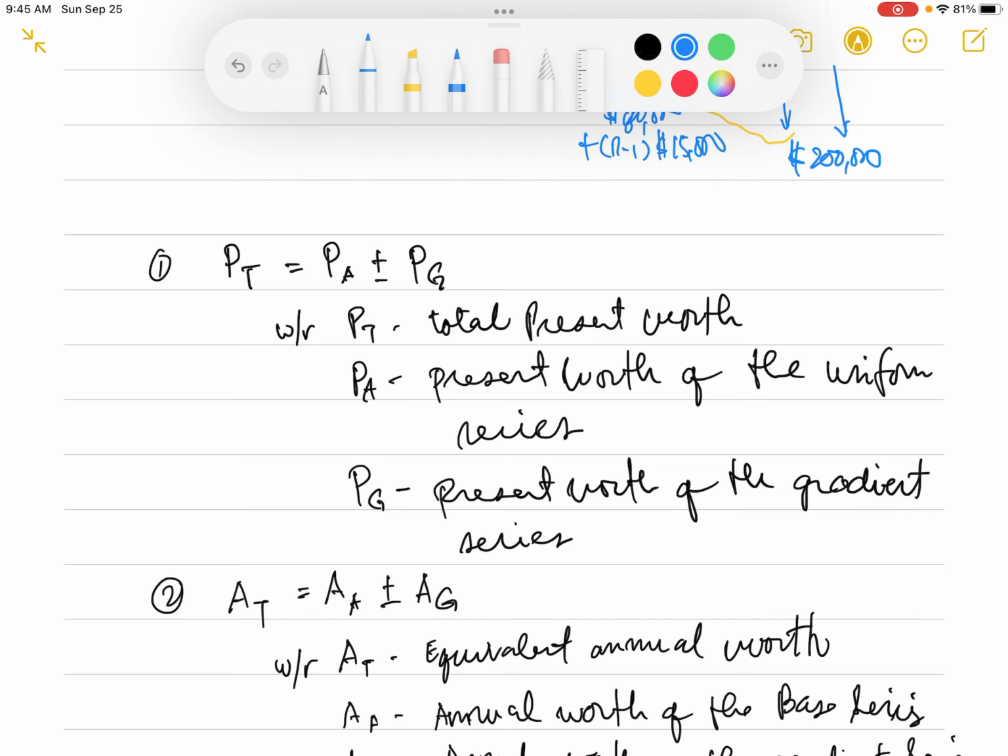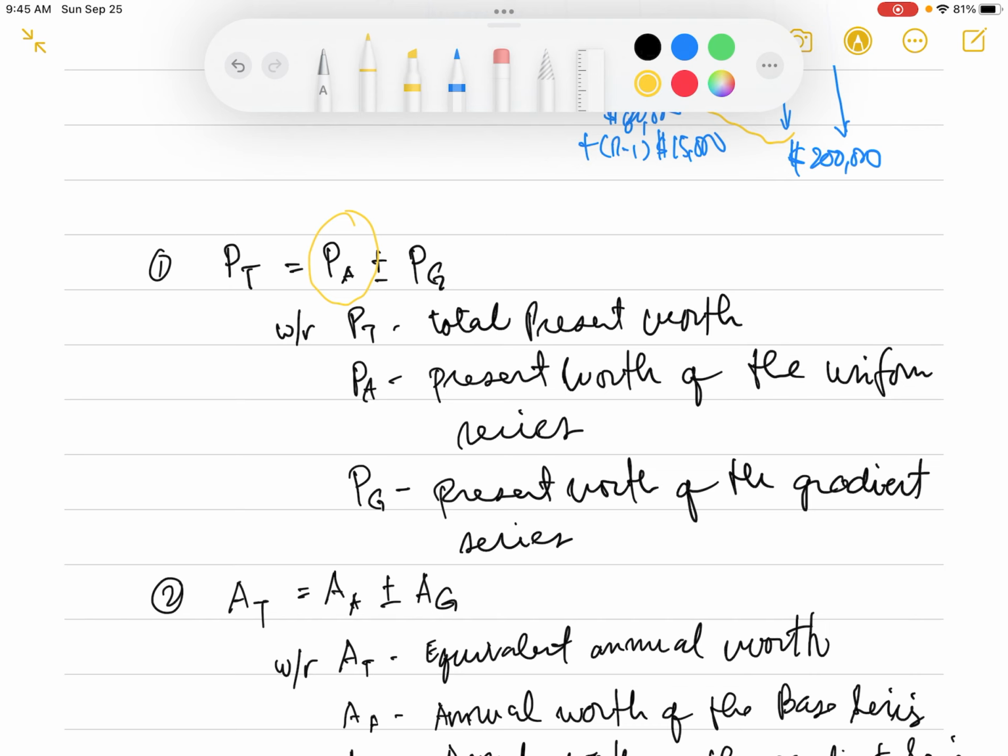So essentially, the total present worth for this arithmetic gradient cash flow is going to be the present worth of the fixed or the base amount, right?